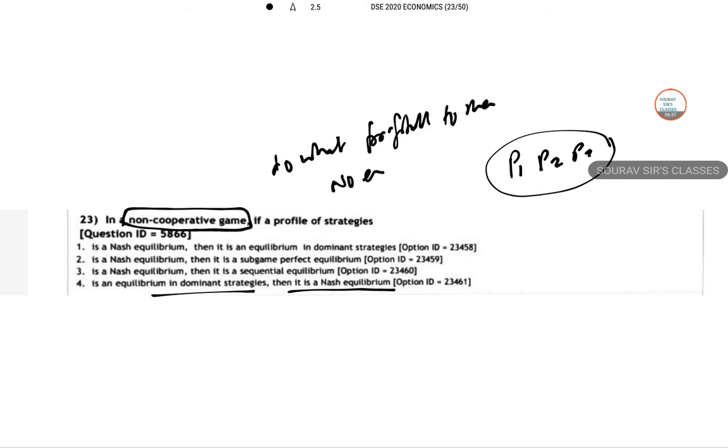No external force. Players compete and reach equilibrium. And obviously, the most favorable outcome is for the person or the company or the player which has the dominance. There are Nash equilibrium in this way. This question is about Nash, but there are other concepts like trembling hand perfect equilibrium and proper equilibrium. Other two options are also there. So this answer is 4.